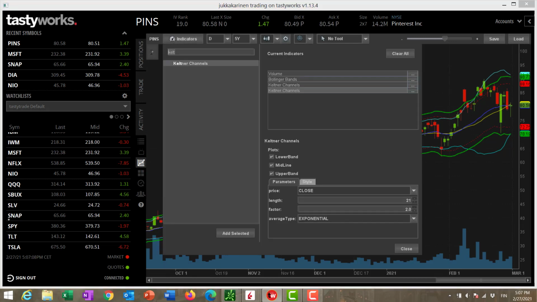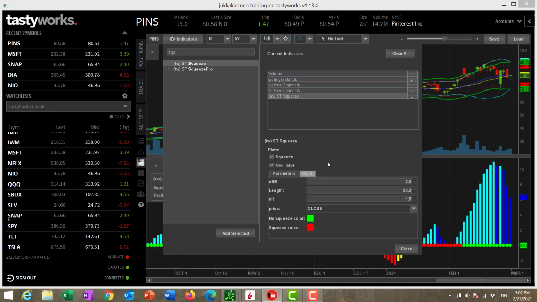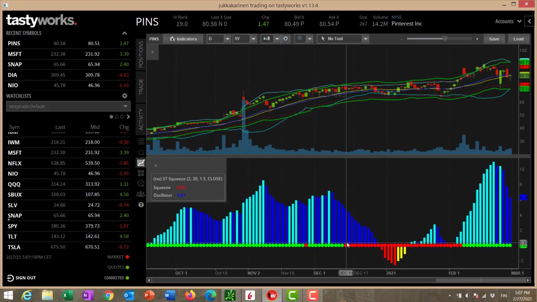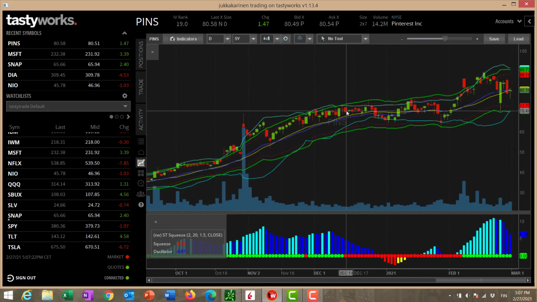It's called TTM squeeze. No, squeeze, ST squeeze on this one. And it basically draws a red dot when there is a squeeze.